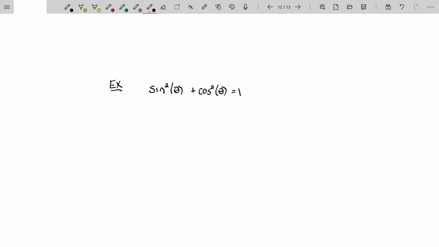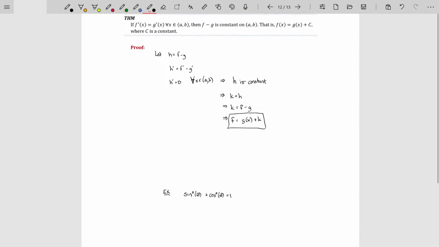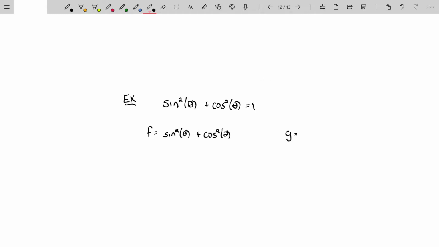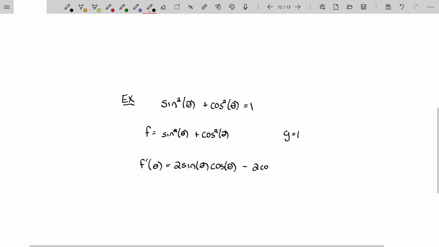What you can do via this theorem is you can take the derivative of both sides. So if I say, well, f is equal to sine squared of theta plus cosine squared of theta, and g is equal to 1, then f prime of theta is 2 sine of theta cosine of theta by the chain rule, minus 2 cosine of theta times sine of theta.